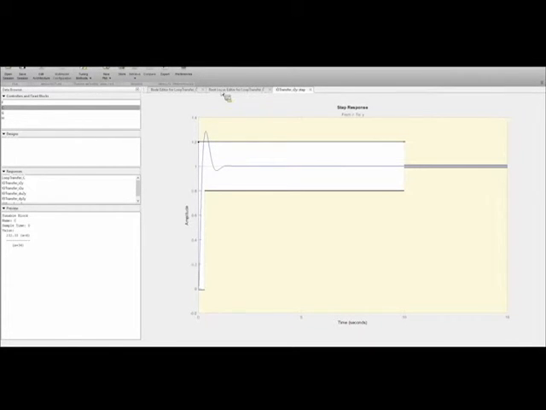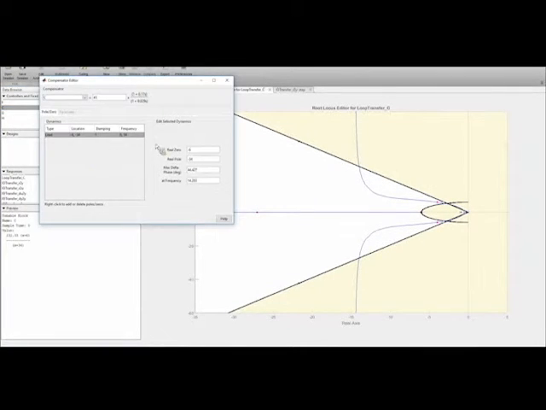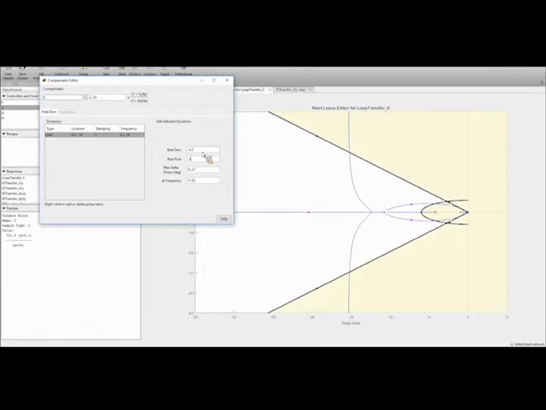So the manipulations that I did for this exact problem: I move the 0 to the right a little bit, move the pole a little bit farther to the left, and the gain jumped up to 54.